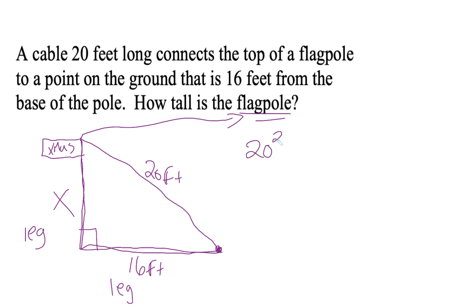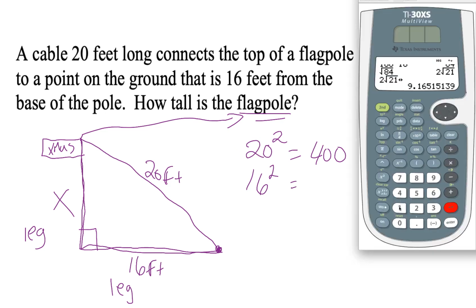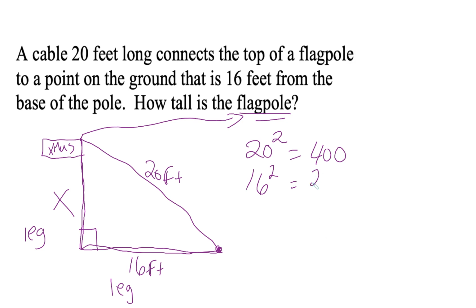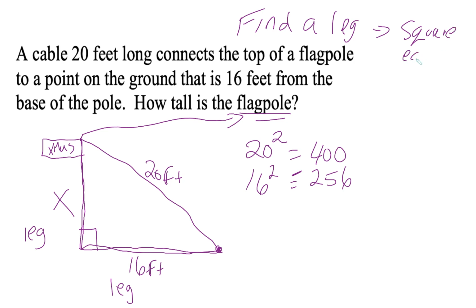We're going to have to square. So you have 20 squared, which will be 400. 16 squared, that's 256. Remember, we have to subtract because we're finding a leg. Whenever you have to find a leg, you have to square each side, then you're going to subtract and then take the square root.